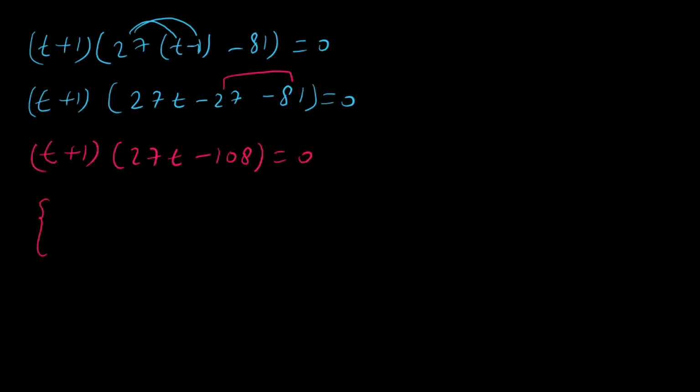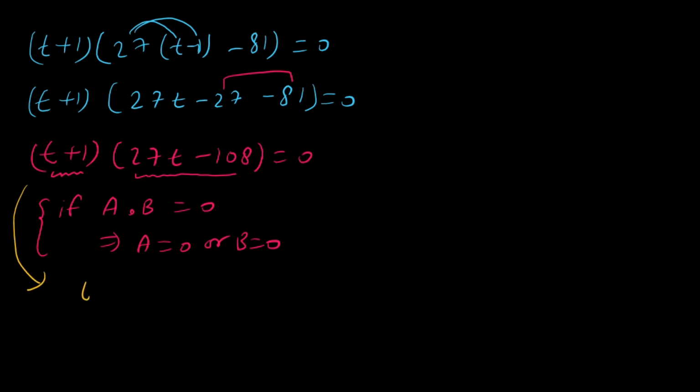And we know that if a times b equals 0, this implies a equals 0 or b equals 0. If we apply this rule here, then t plus 1 is a and 27t minus 108 is b.